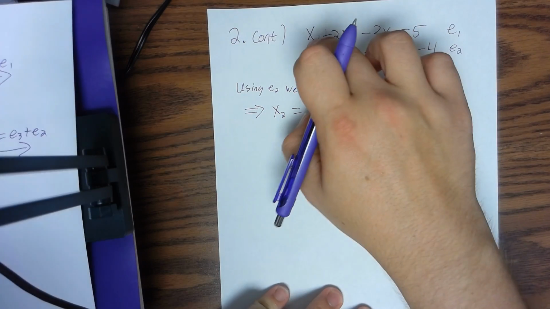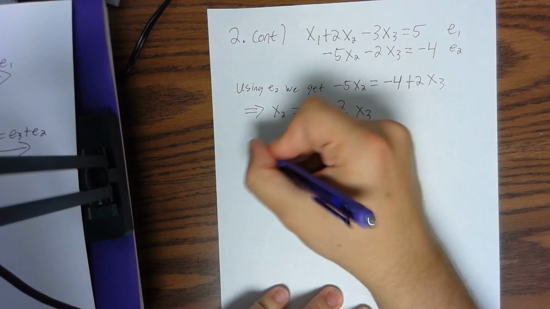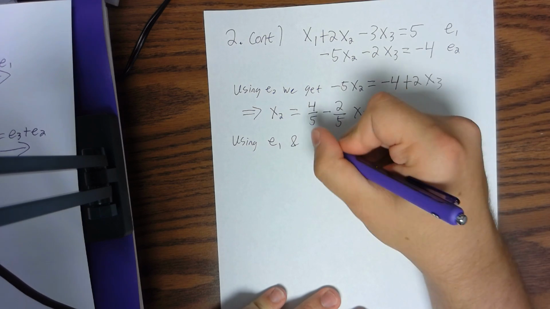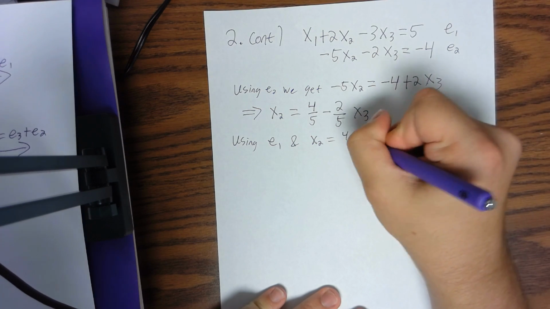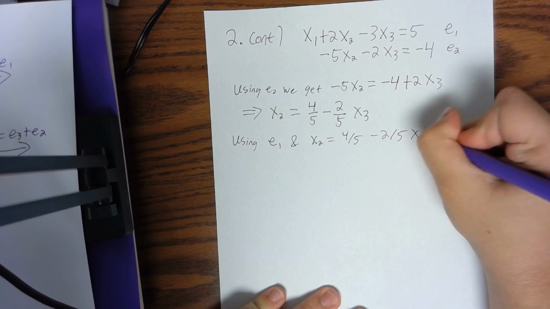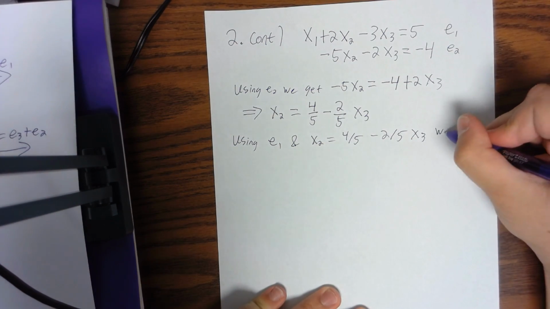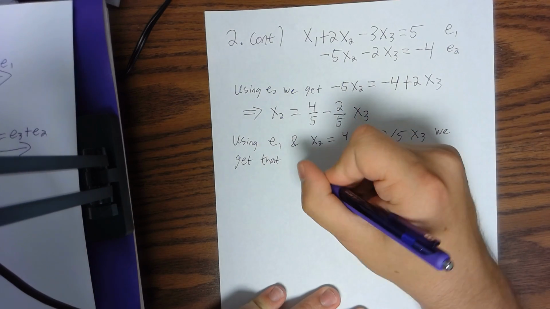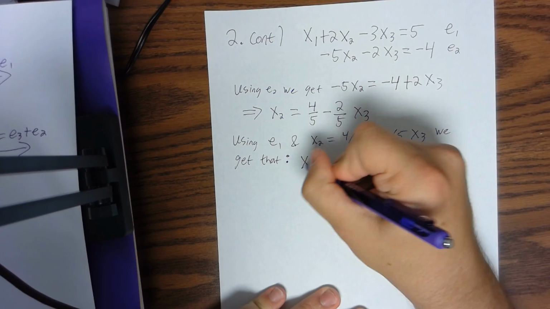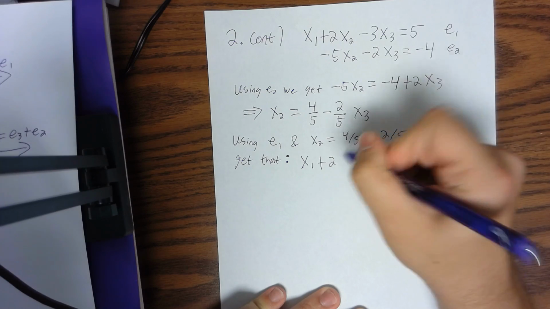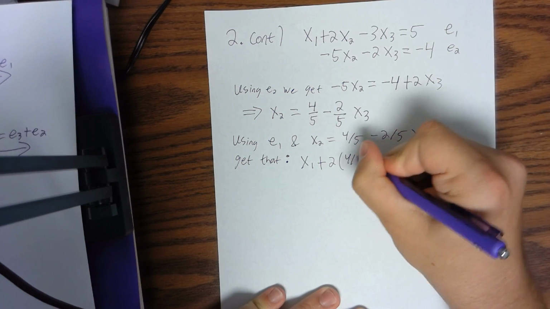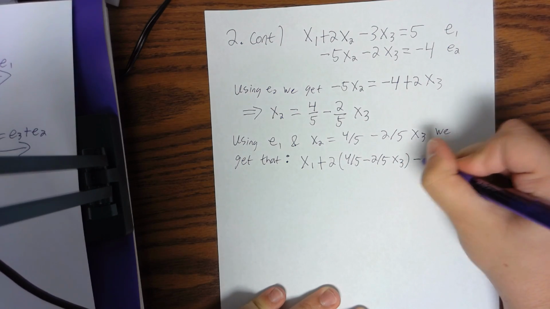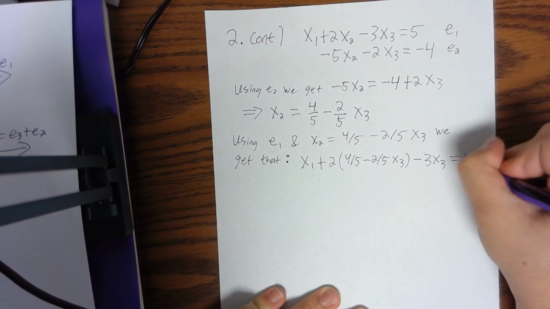So now we can actually solve for x1 in terms of x3. Using equation 1, and that x2 is equal to 4/5 minus 2/5 x3, we get x1 plus 2 times (4/5 minus 2/5 x3) minus 3x3 is equal to 5.